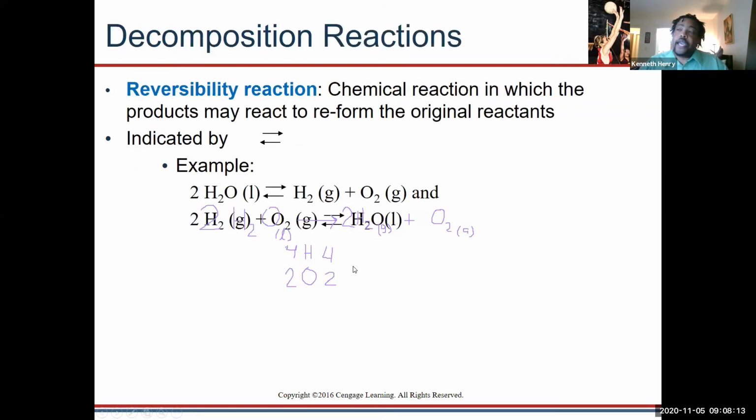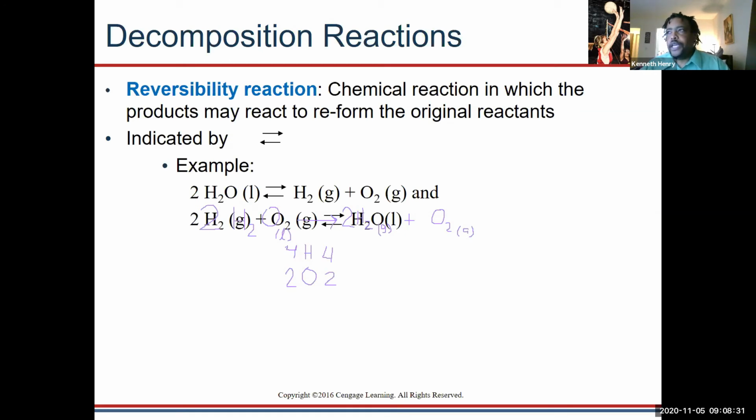Okay, so certain reactions are going to be reversible. Reversible basically means that they can go either way, right? We can go in terms of decomposition, and we can also go in terms of synthesis. So the formation of water is a reversible reaction.